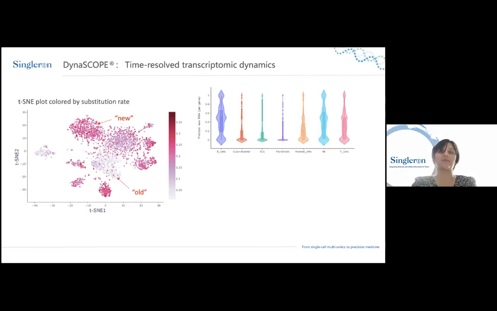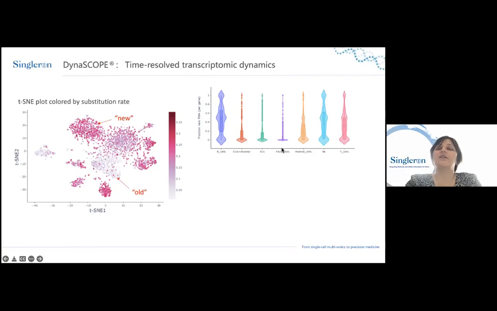Using these temporally resolved data sets, you can answer different questions. For instance, you can take a look at different cell types, such as here the B cells and the fibroblasts.